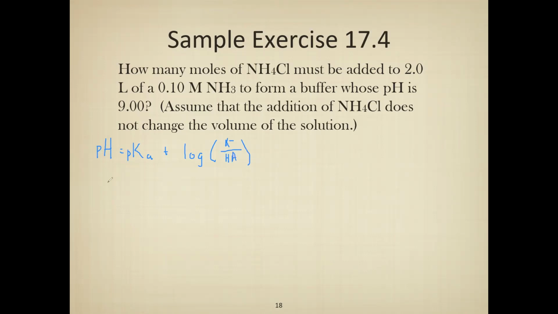So if we're looking at what we have here, we want a pH of 9. The pKa is just going to be based on the ammonium ion. So NH4, we would need some information about this. But for NH4, Ka is going to be equal to 5.6 times 10 to the negative 10th. So with it, we can then solve for pKa by just taking the negative log of that value.